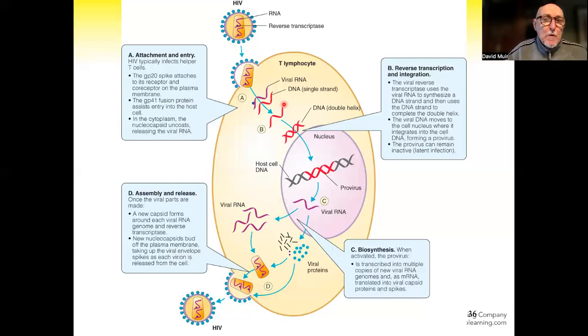The most important next step was to interfere with the reverse transcription of the viral RNA. And that was the use of AZT, azidothymidine. Instead of including thymidine here, it would include azidothymidine, and that would stop the process of reverse transcription.